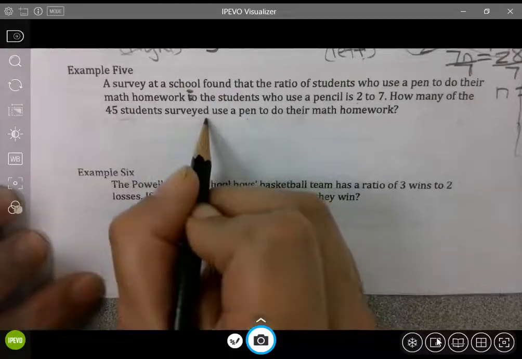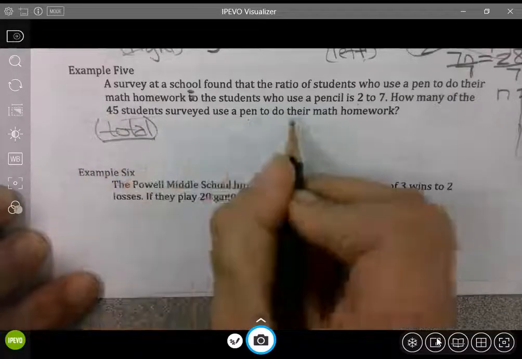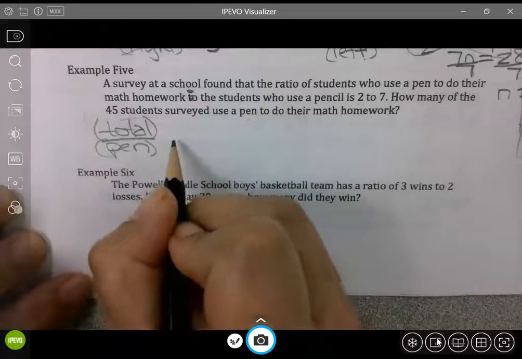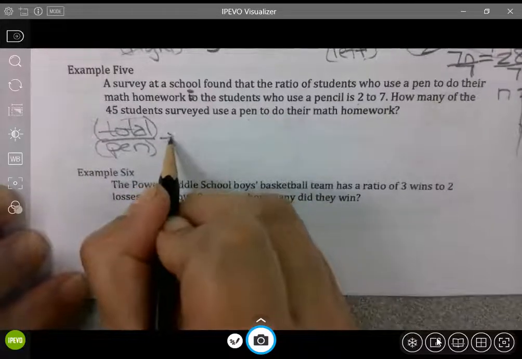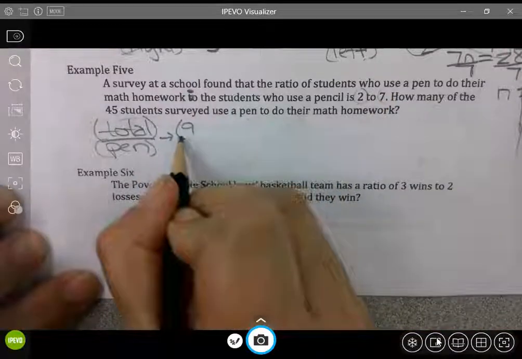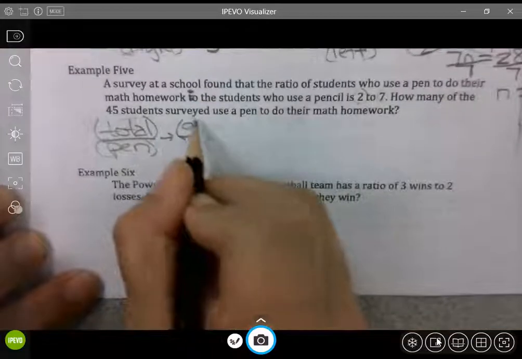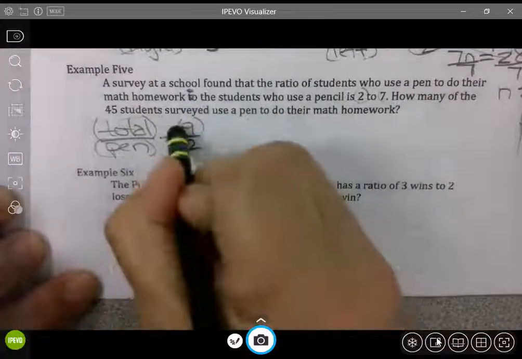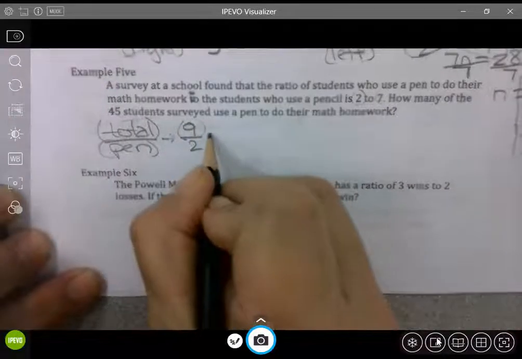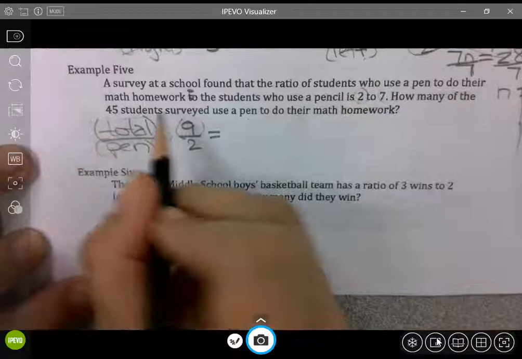So I'm doing a total to pen. Oh no, kids are coming back. So my total, how many totals? 2 plus 7? 9. How many use a pen? 2. Oh no, I put those wrong. So now equals, and then it says how many if you have 45 students.